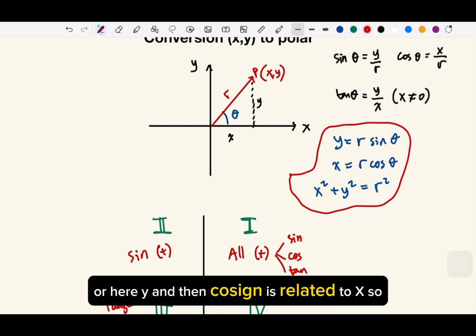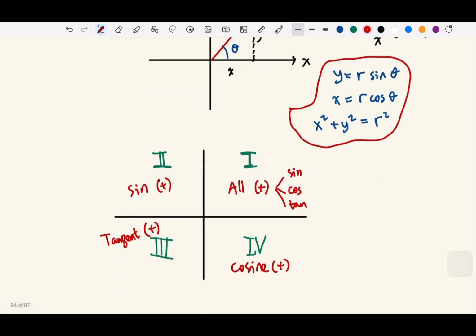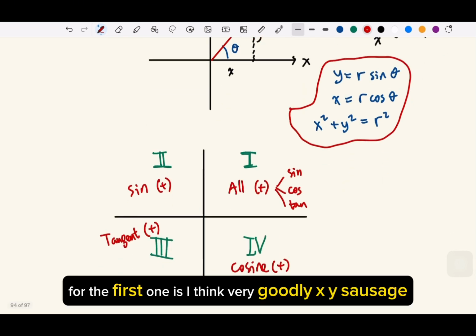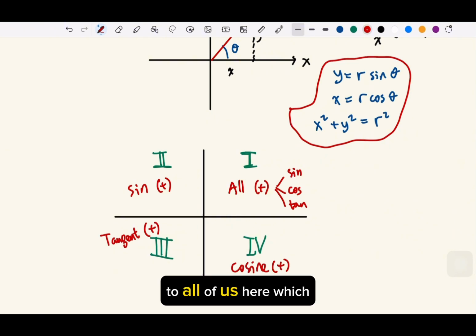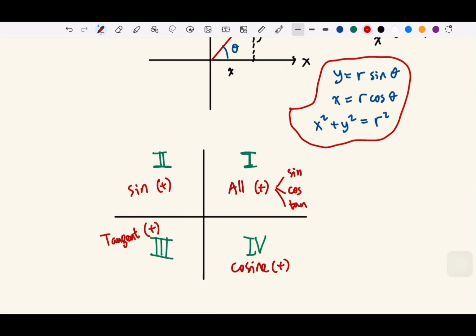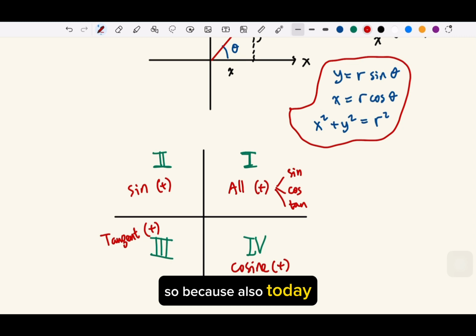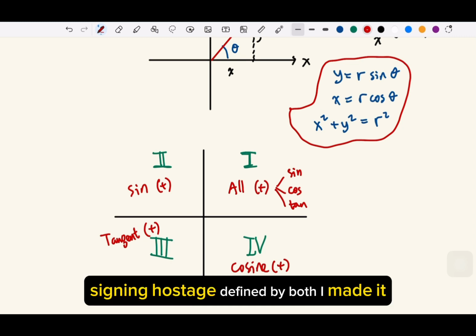Okay. So for the first one, I think it's very intuitive. x, y are positive, right? So all positive. Here, which one is negative? x, right? x negative. So x negative is what? Cosine. So that's why cosine is negative. Because cosine is negative, sine positive divided by cosine negative is negative. So only sine is positive.